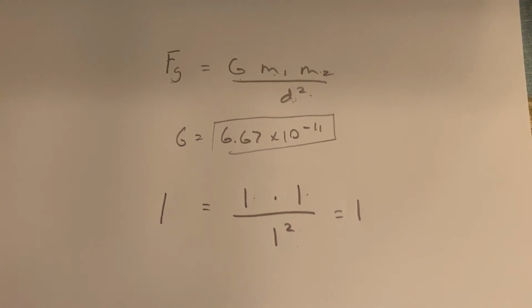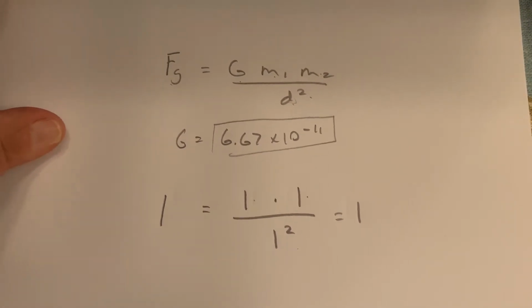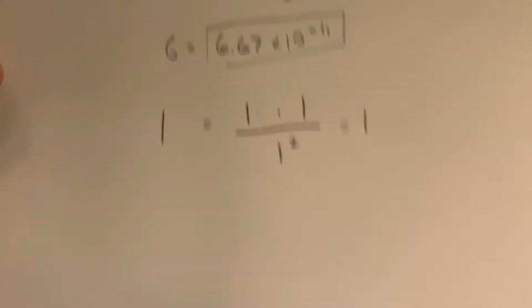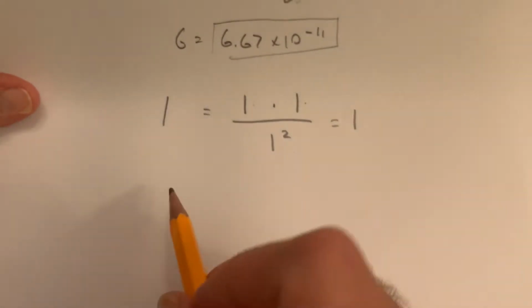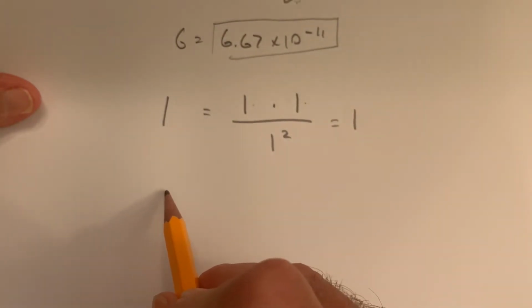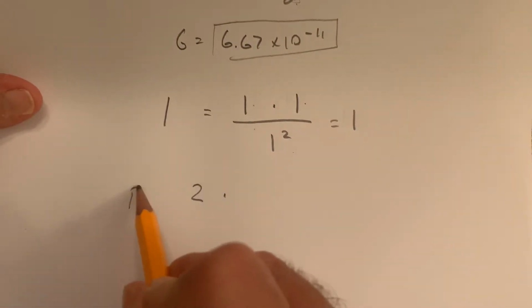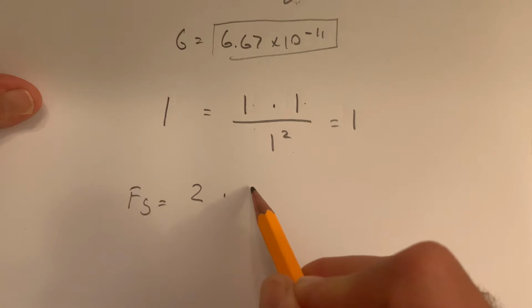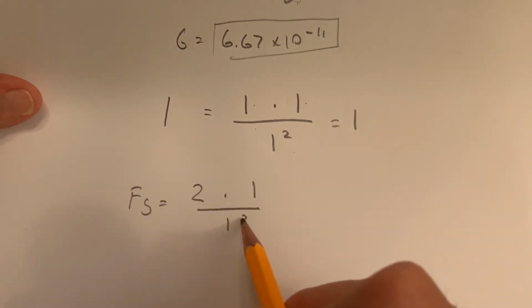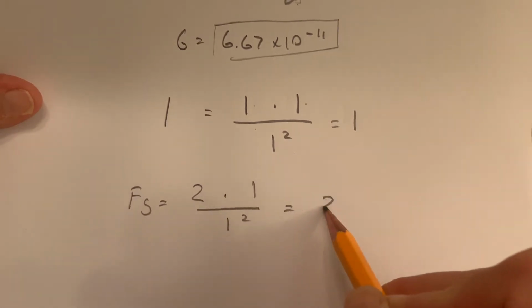So what happens when we decide to double the force? If we double it, now it's going to be 2. So the force of gravity would equal 2 times 1 divided by 1 squared. So that would equal 2.